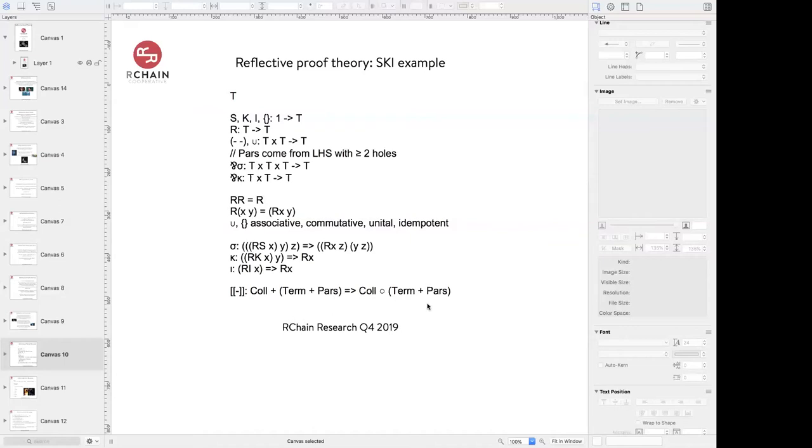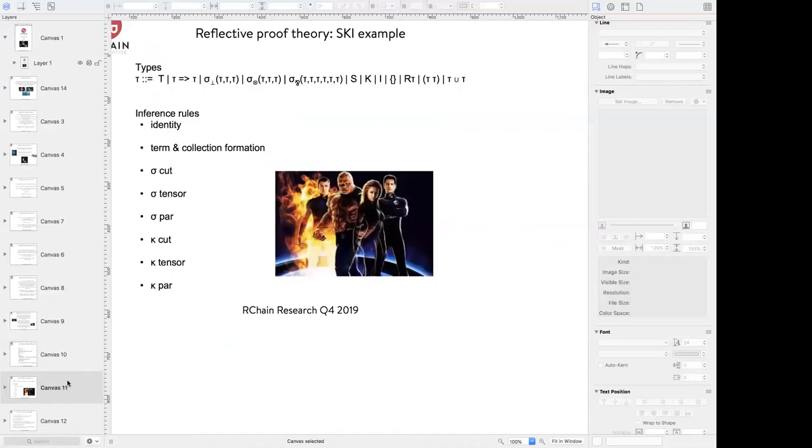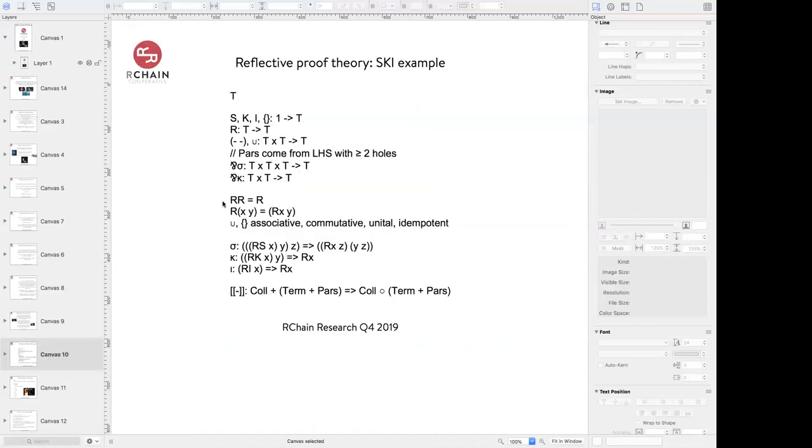The term combined with pars is just literally enriching the grammar with the par constructors. All right, and so that's how we've enriched our language with the term constructors, as I said.